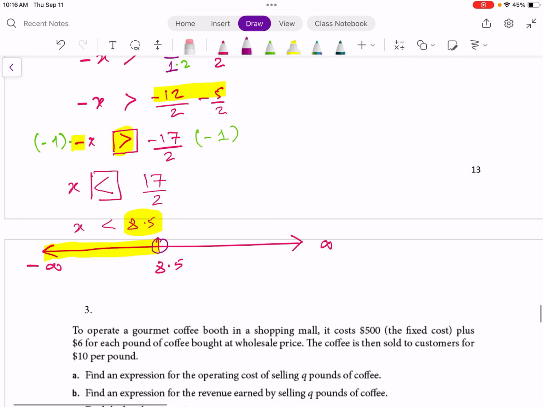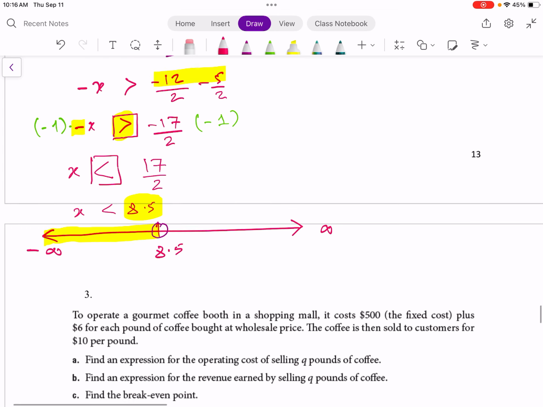So let's write an interval. If you are writing an interval, you always start from the left and go to the right. So on the left we have negative infinity, and on the right it's ending at 8.5, with a parenthesis at 8.5, and a parenthesis with negative infinity. And this is the solution for this inequality.